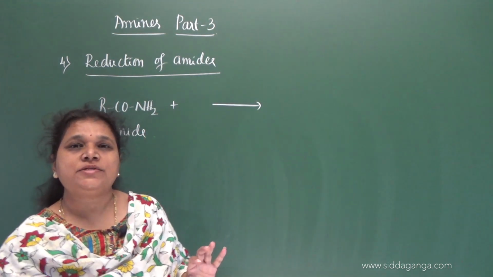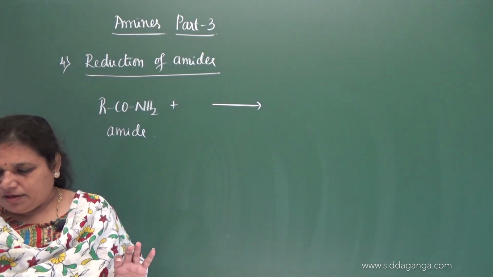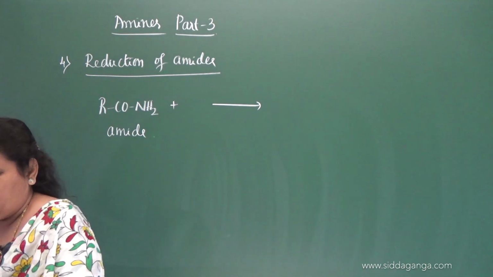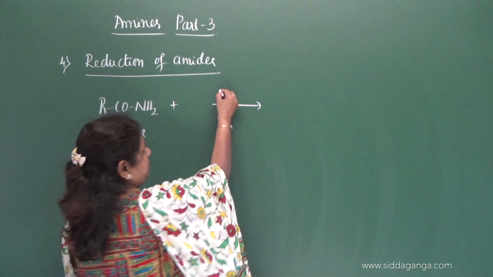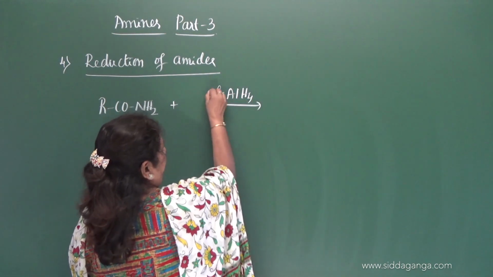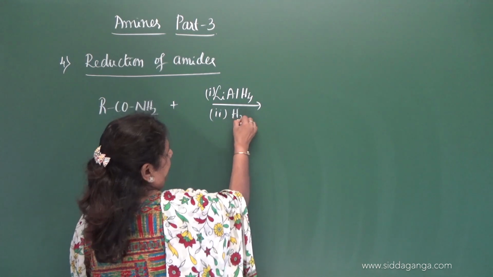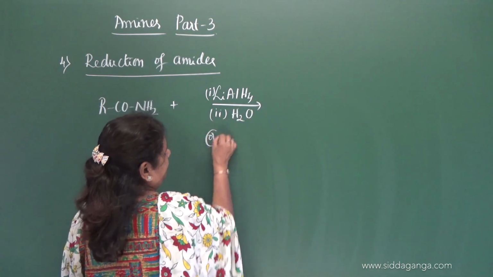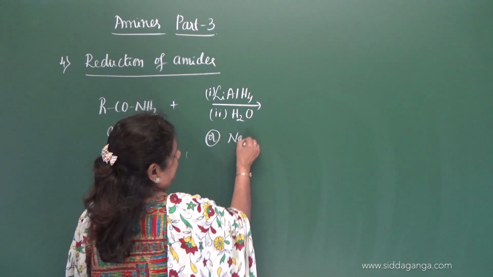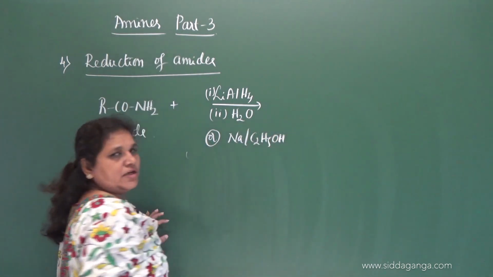to use a reducing agent here, and the reducing agent here may be lithium aluminium hydride followed by hydrolysis, or even you can use sodium in alcohol, that is ethyl alcohol. Clear?